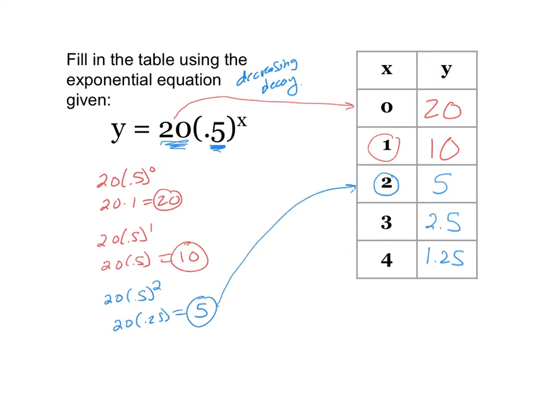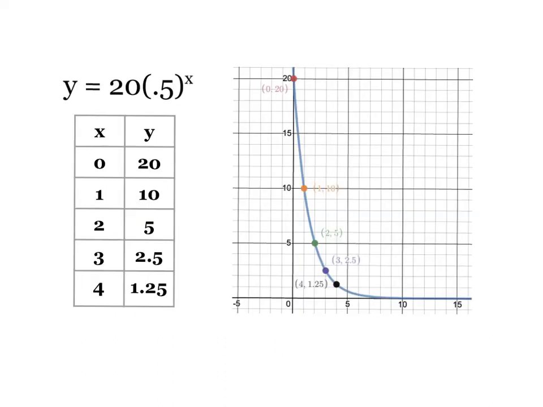Okay, so it is okay to keep plugging in your input values, your x values, into the equation, and then solving it for y. Okay, but you'll notice these numbers are getting progressively smaller, just like in a geometric decreasing sequence. If we want to look at the graph, here's a graph of that table.